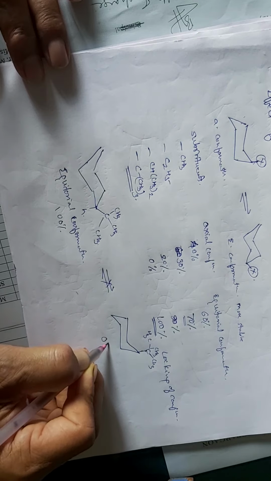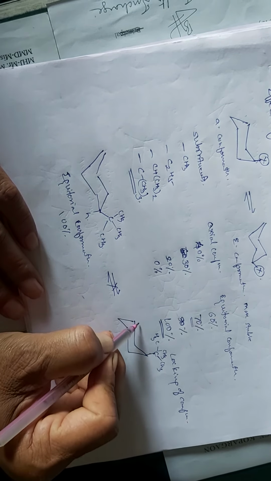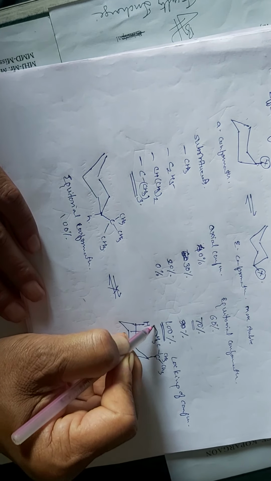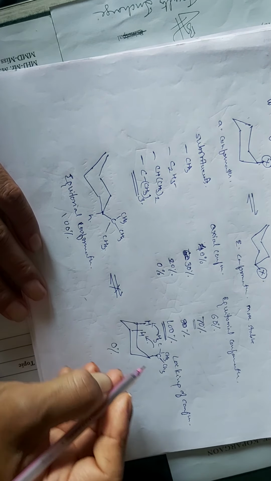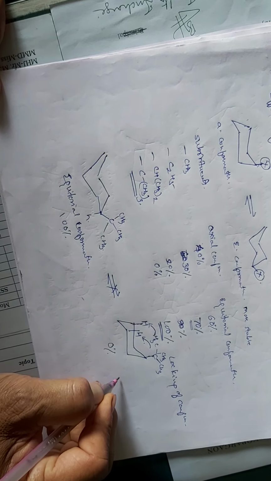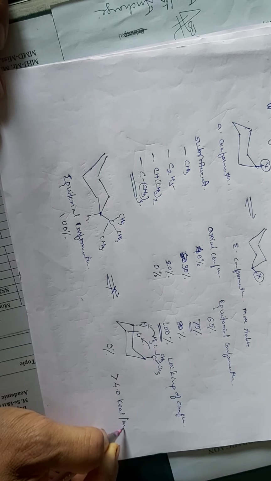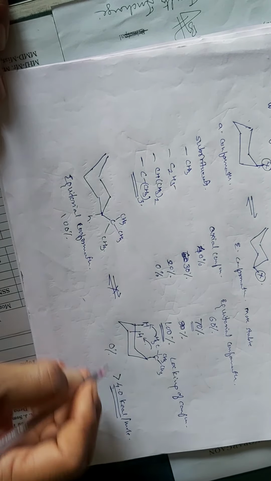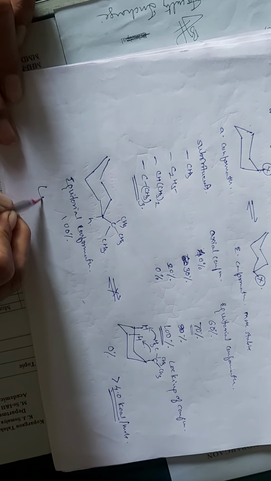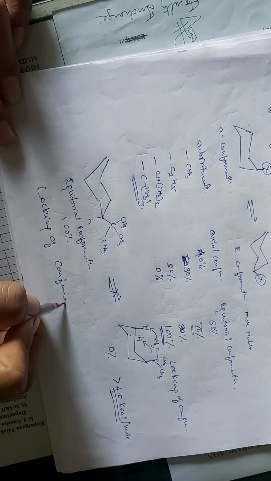This is 0%. Why does this happen? Because there is a lot of interaction between these groups, the 1,3-diaxial interaction will be more, and the internal energy will be greater than 4 kilocalories per mole. And so this conformation is not possible, and such a situation is called locking of conformation.